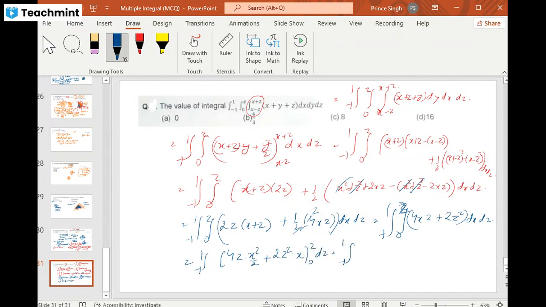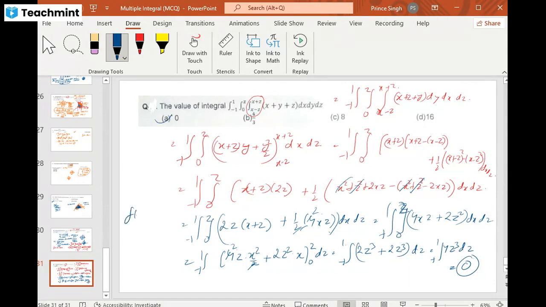So minus 1 to 1, on replacing x with z, 2z into z square is 2z cube plus 2z cube, dz. This is minus 1 to 1, 4z cube dz. Now this is an odd function, so its integral is 0.